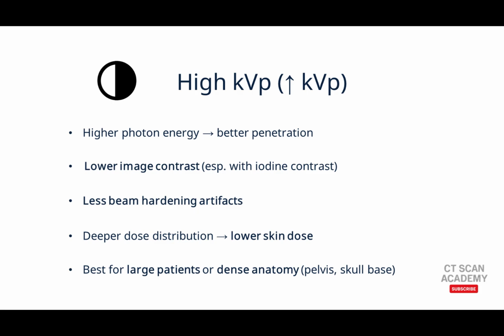This reduces beam hardening artifacts and moves dose deposition deeper into the body, reducing skin dose. The trade-off is lower image contrast, particularly with iodine contrast. High kVp is therefore preferable for large patients or dense anatomy, for example, pelvis or skull base, where penetration and artifact reduction are important.